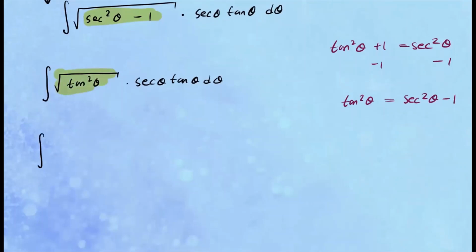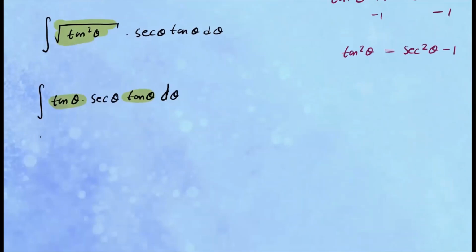This is going to be the integral of just tangent theta times secant theta times tangent theta d theta. And now we're going to be simplifying this further. So I will combine these two together. Hopefully that will simplify. So we have the integral of tangent squared theta times secant theta d theta.